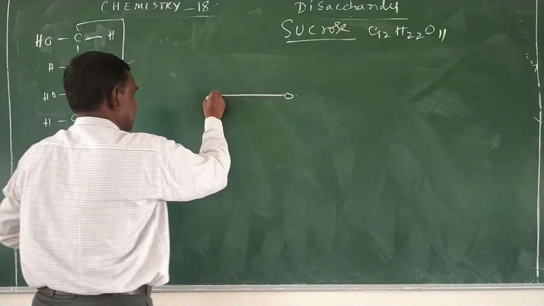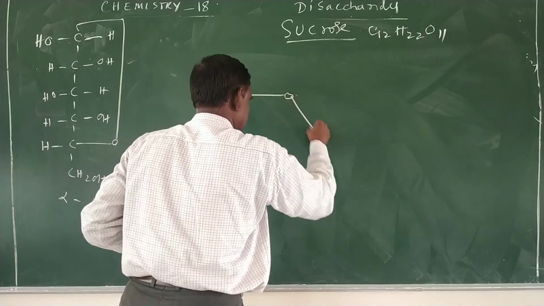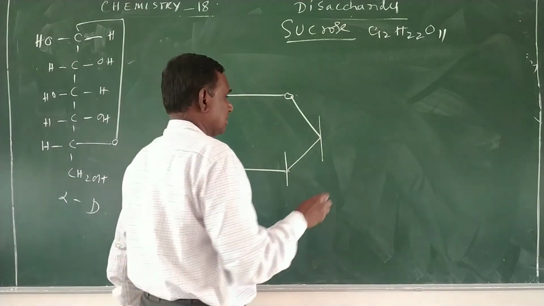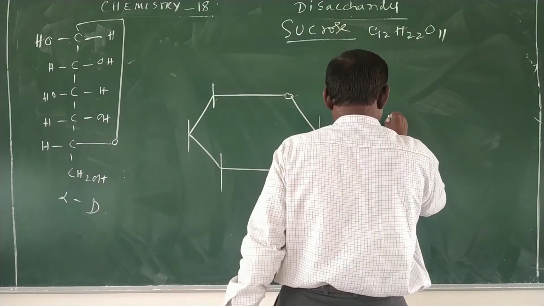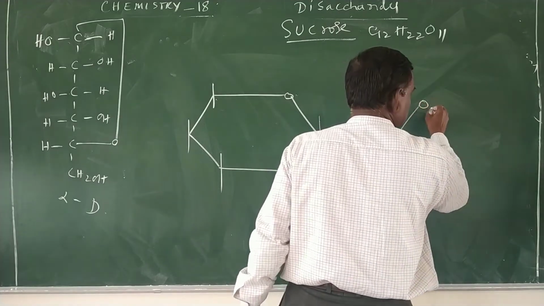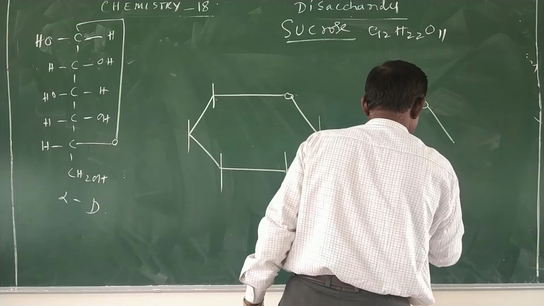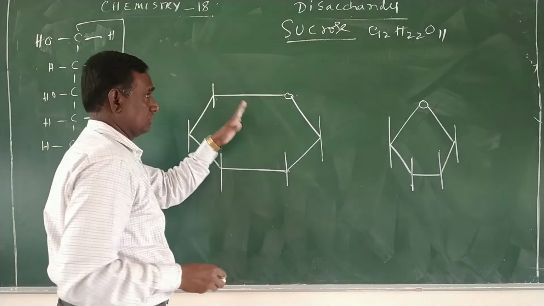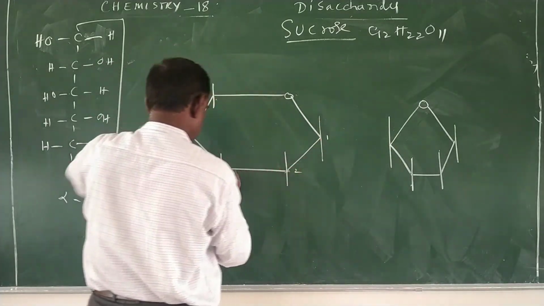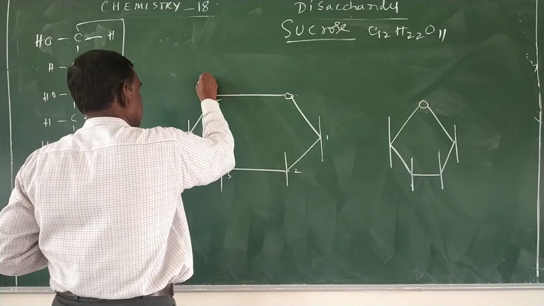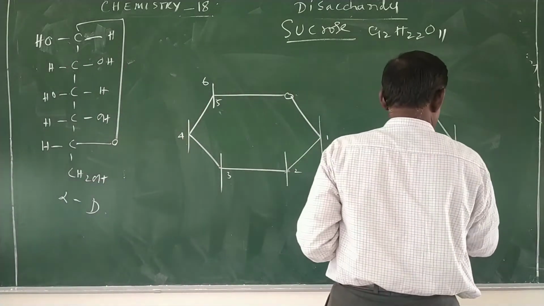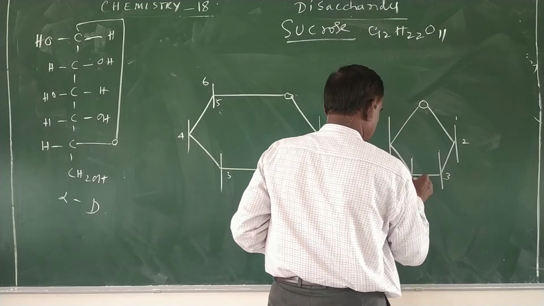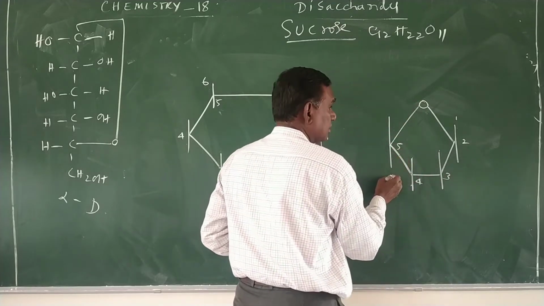We can write alpha D glucose like this. Carbons 1, 2, 3, 4, 5, 6.